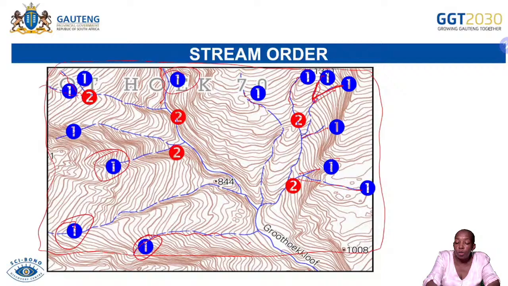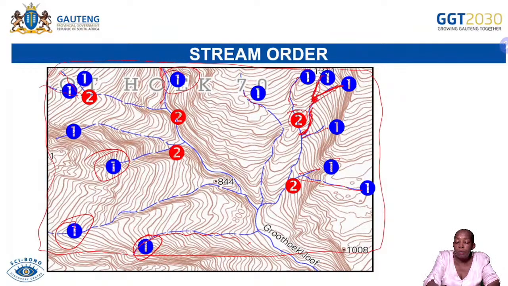So here we've got this one, and we've got this stream order number 1. There is a point in which these streams meet, the point of confluence. That changes the stream order, so the order of the stream has now changed. It's now stream order number 2.